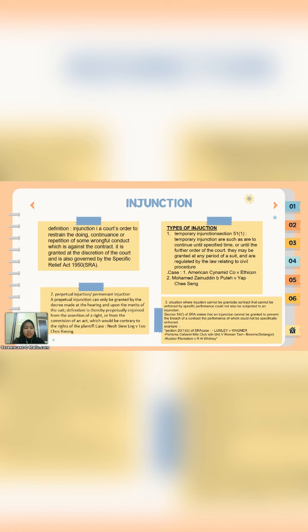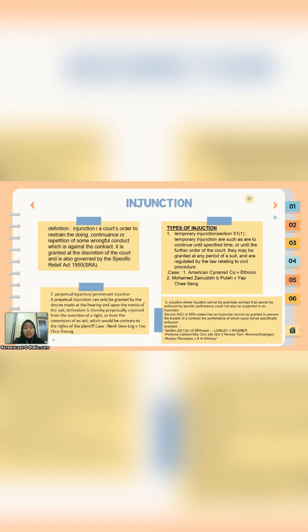For example, Section 20, Subsection 1b of SRA provides that a contract of employment which is so dependent on the personal service of a person cannot be specifically enforced. Hence, since specific performance cannot be enforced, an injunction would not be granted either.